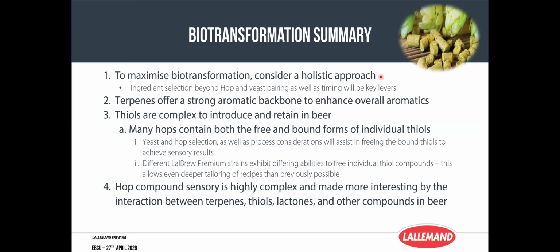A lot of these molecules are very hard to retain in the beer. So keeping the oxygen out and looking at all the other factors that will make sure that your beer has the characters you want are just as interesting.